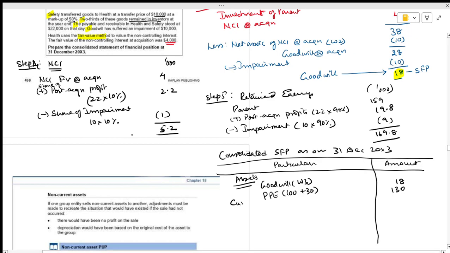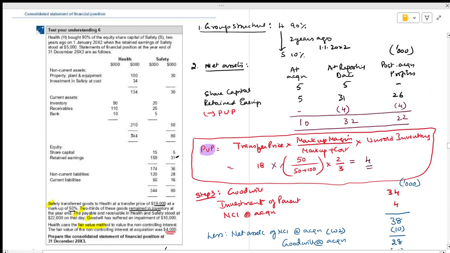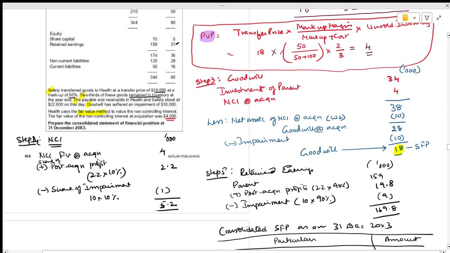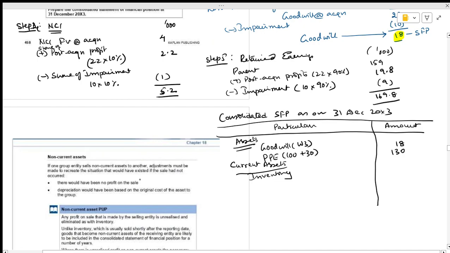Yes. Now current assets. Inventory. How much is the inventory? 90 plus 20. Now here you have to be a little careful.